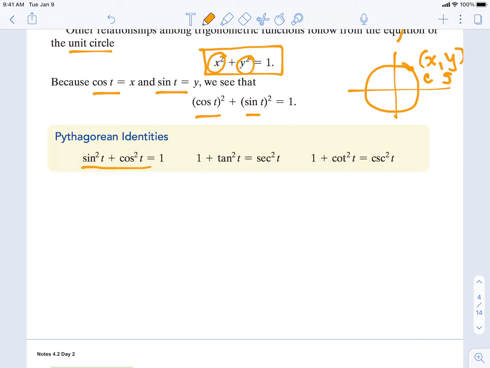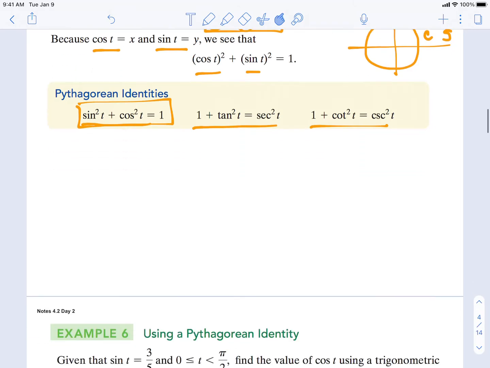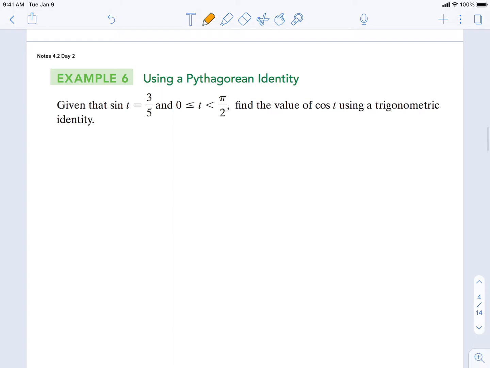So here are the 3 Pythagorean identities. This one is the most popular of the three, and you'll use it quite often compared to the other two. All right, so we're going to go ahead and find the cosine of t using the Pythagorean identity.